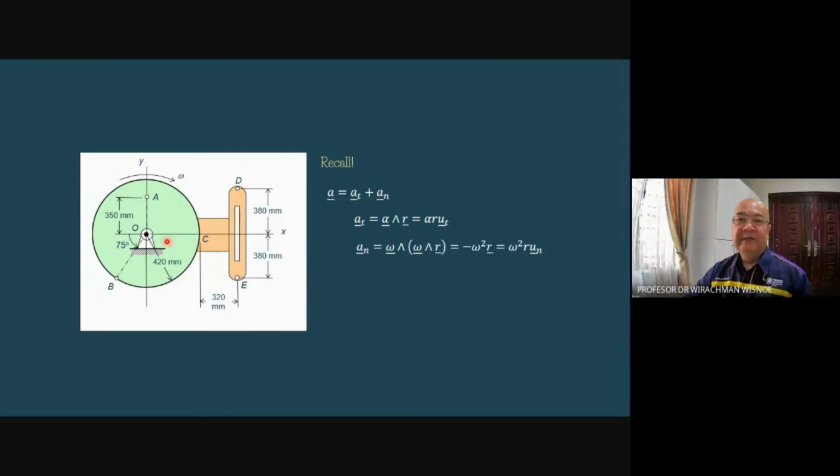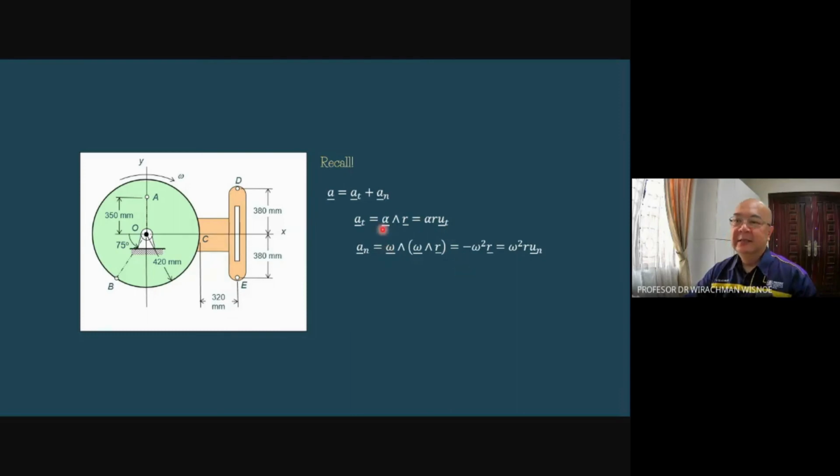On the other hand, R is always from the center going out. RA is from O to A. RB is from O to B. RD is from O to D. So the vector R is always opposite to the normal vector.